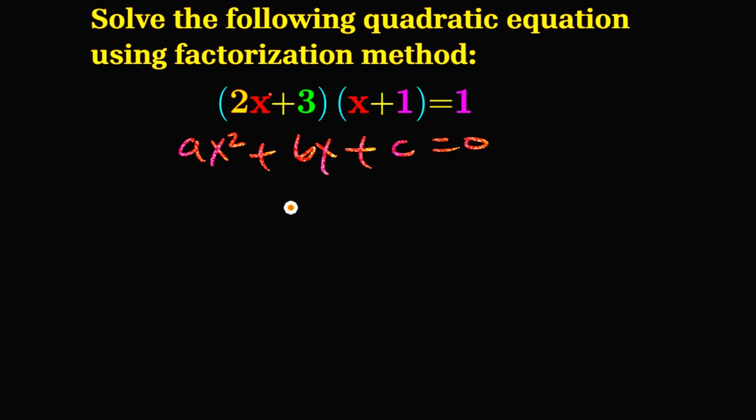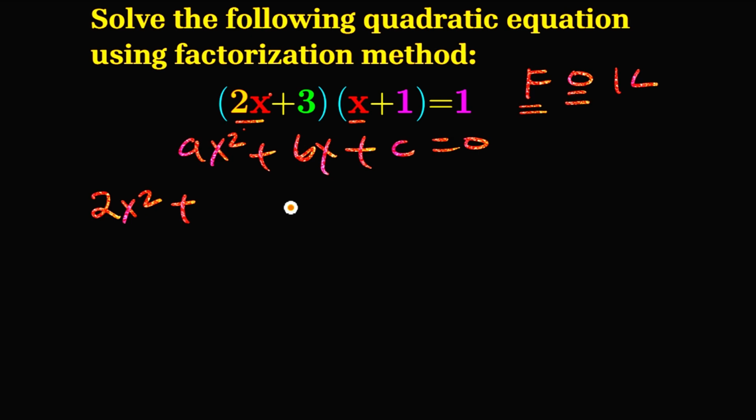To do that, we are going to expand the left-hand side of this equation. We can multiply that using what we call FOIL. FOIL means we take the first terms. The first terms are 2x and x. So 2x times x is 2x², plus the outer terms.